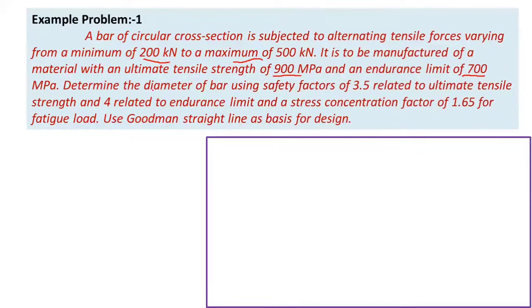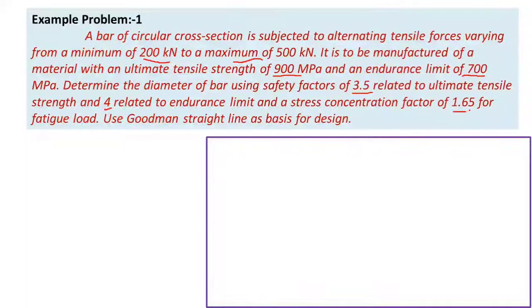Here you have to find the suitable diameter of a shaft, that is small d. You have to determine the value of small d. Here these two are the factors of safety, 3.5 and 4, for ultimate tensile strength and endurance limit.